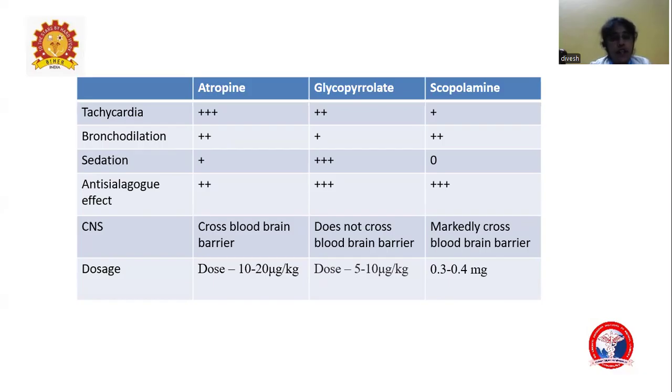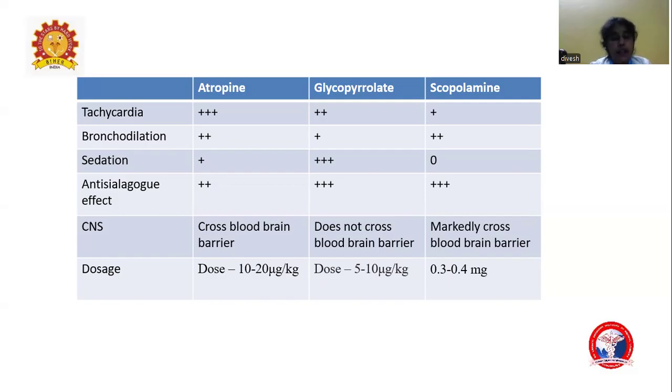Atropine is shorter acting when compared to glycopyrrolate. Atropine and scopolamine cross the blood-brain barrier, but glycopyrrolate does not.